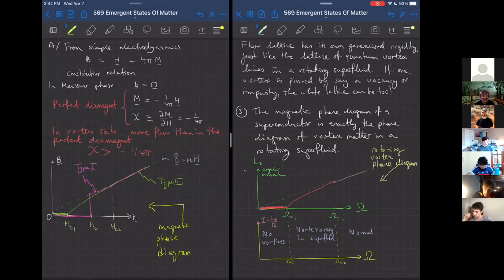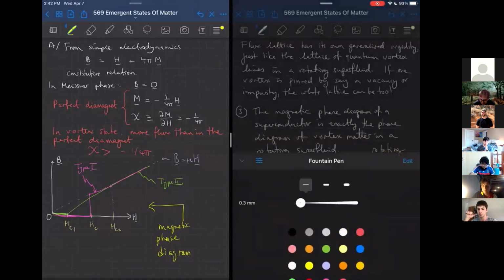And so what you can see is that the angular momentum is very analogous to the magnetic field, and the external magnetic field, H, is analogous to the rotation rate. So let's write that down.